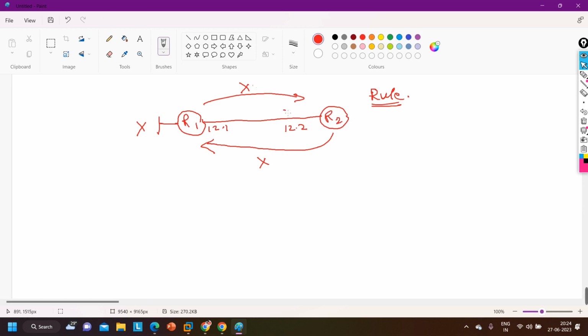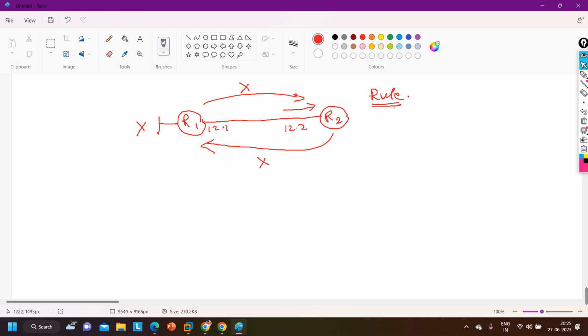Router 2 is learning network X information on this interface, so it will not advertise the same network from the receiving interface. This is the rule: do not send the network information which you have received on an interface back out of that interface.